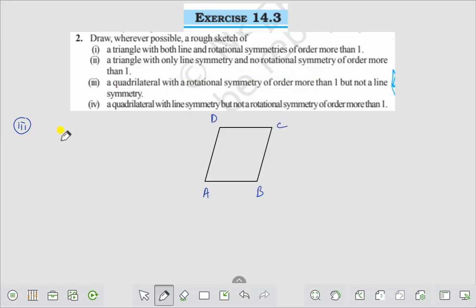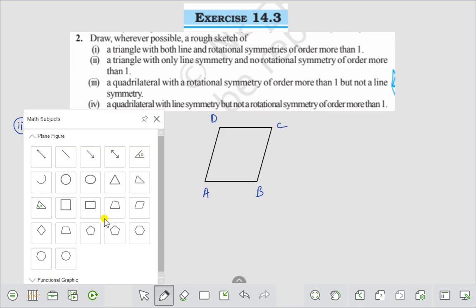You see, a quadrilateral with rotational symmetry of order more than 1. Let us take another parallelogram.